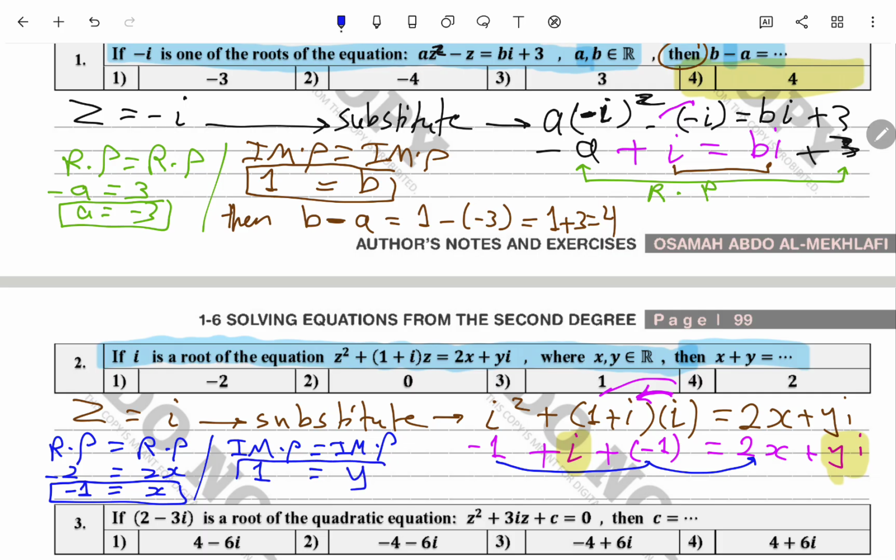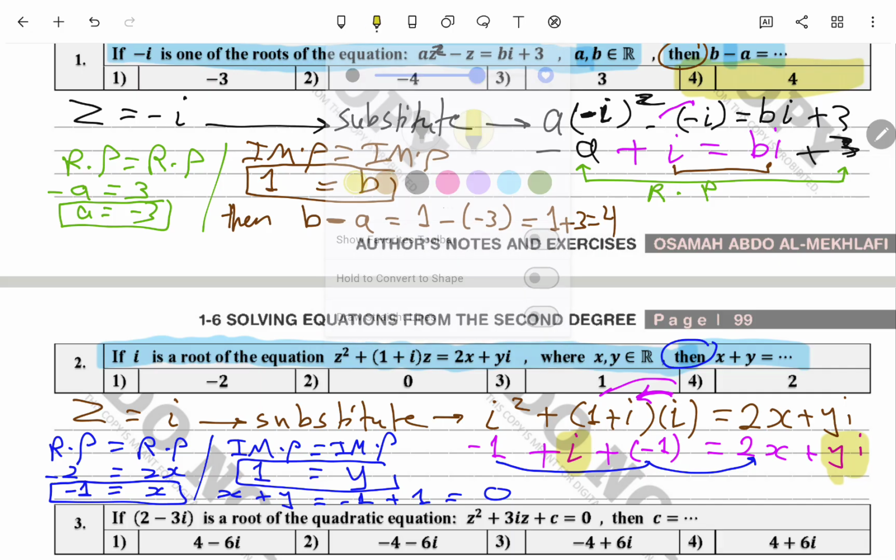I get the value of y and x, and I can go back to the question and add them. x plus y equals, x is negative 1 and y is positive 1, and these two will give you 0. So you can choose the second alternative, which includes 0.